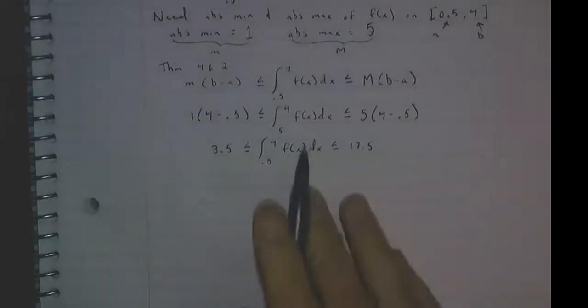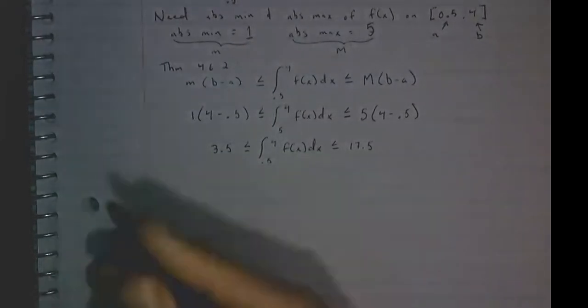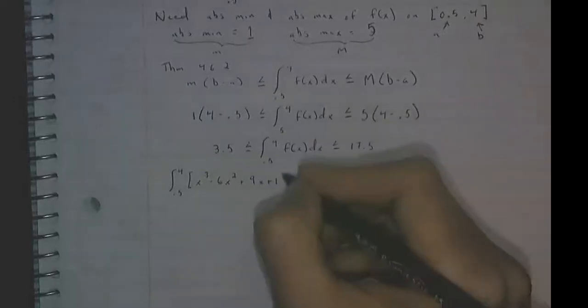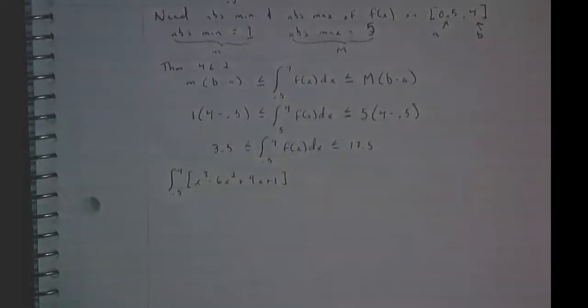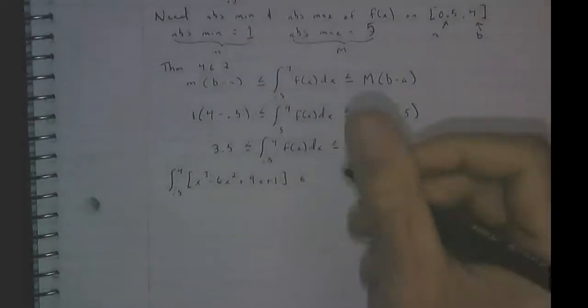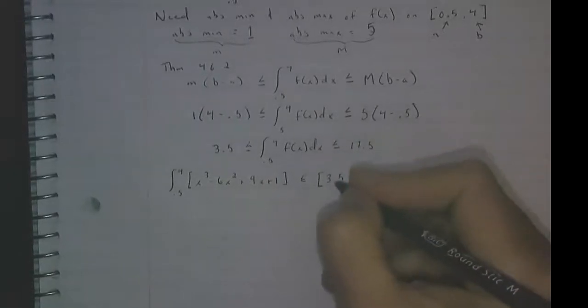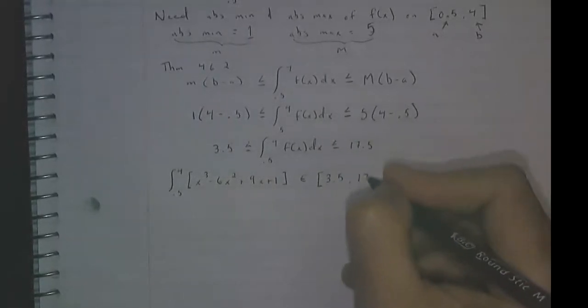And so what we've established then is that the integral from 1/2 to 4 of, and we'll write out the whole thing, x cubed minus 6x squared plus 9x plus 1 dx is somewhere in this interval between 3.5 and 17.5.